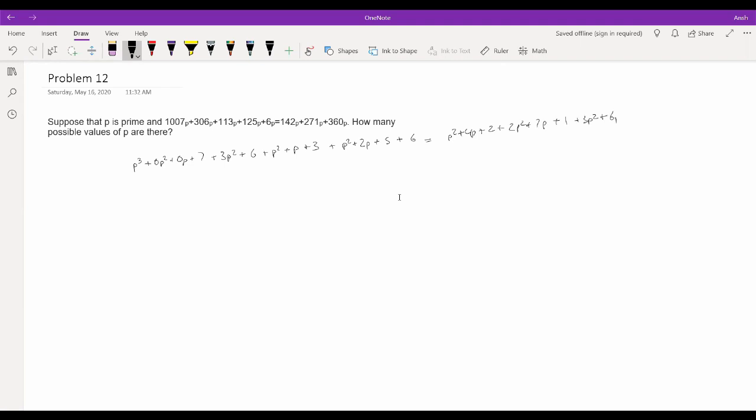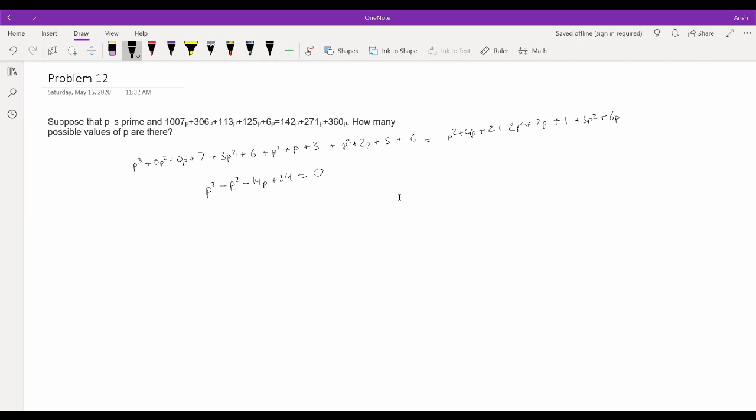This is a lot of terms, but if we simplify this down, it becomes the polynomial p cubed minus p squared minus 14p plus 24. Now we'll be using a little bit of polynomials to solve this, because solving cubic polynomials is a bit difficult.